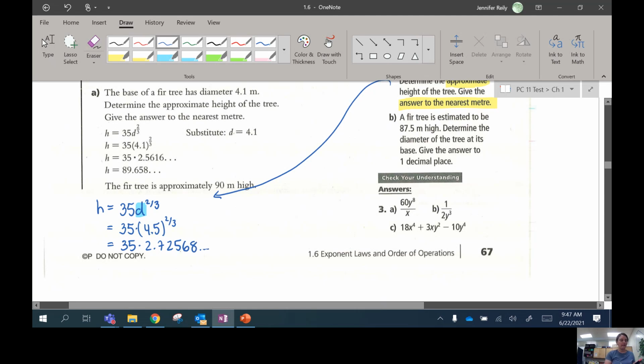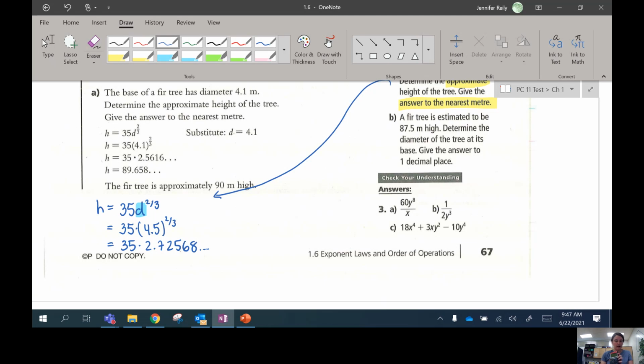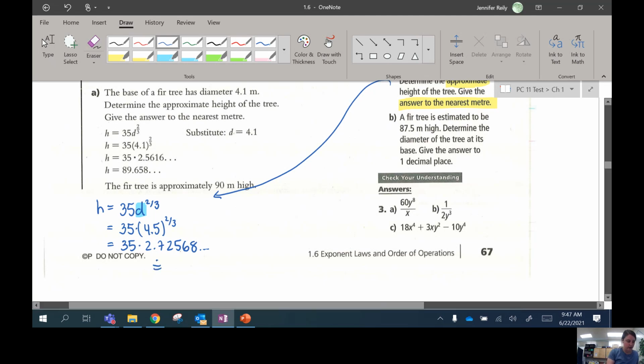It's an irrational number. And then finally, you can just use that in your answer, just simply type times. So you don't have to retype in that whole decimal, just type times 35. And you'll get 95.39883122. But we're just going to round it off to 95 because it said nearest meter.